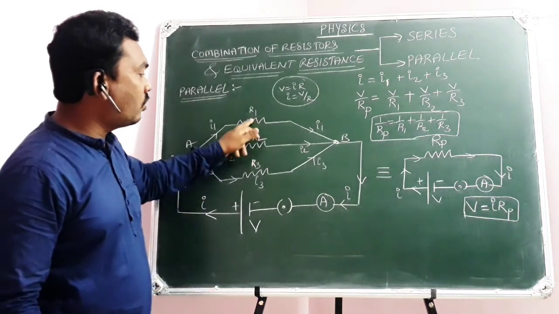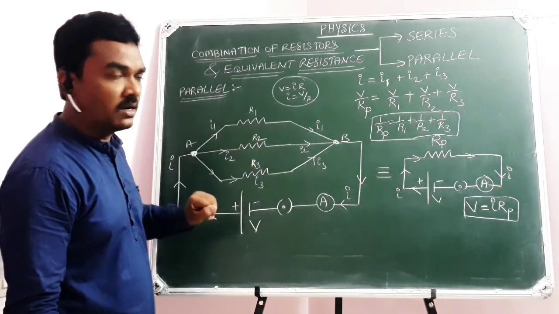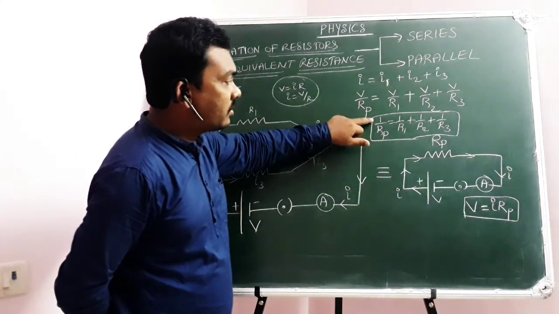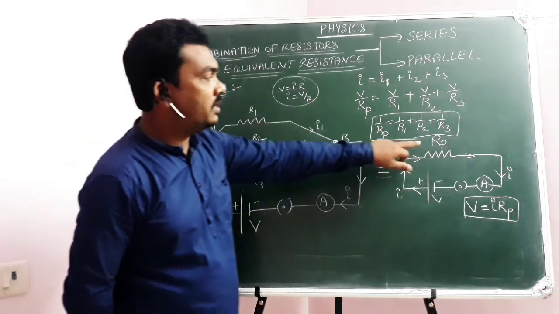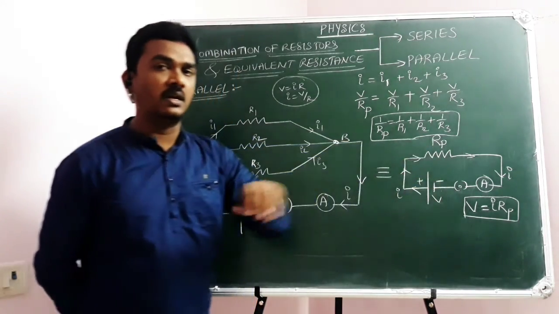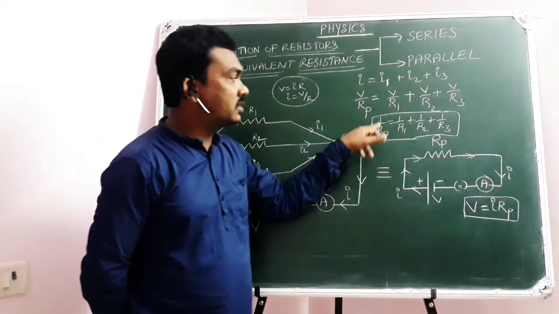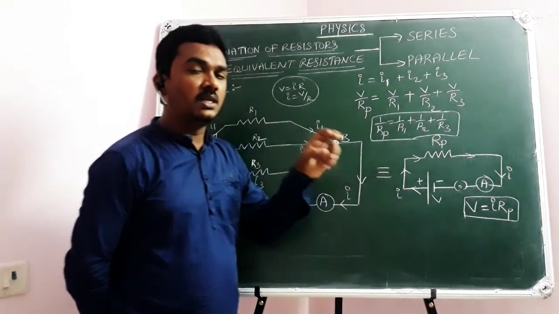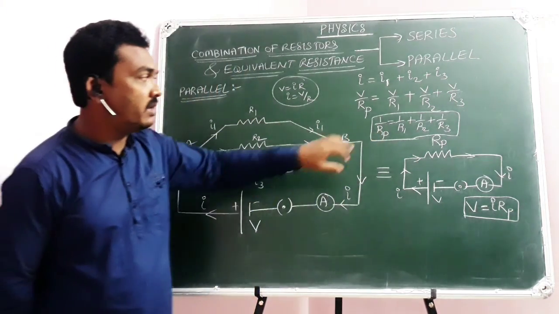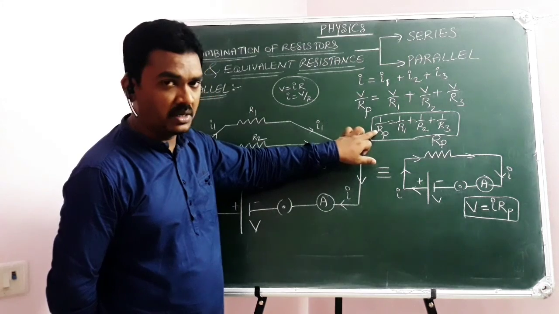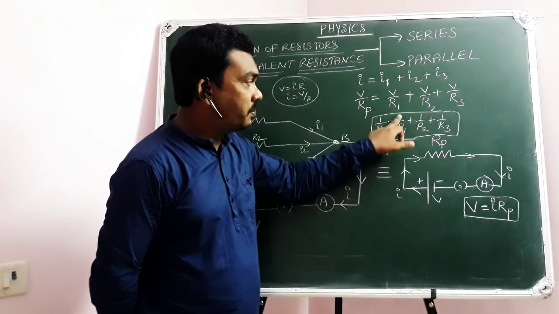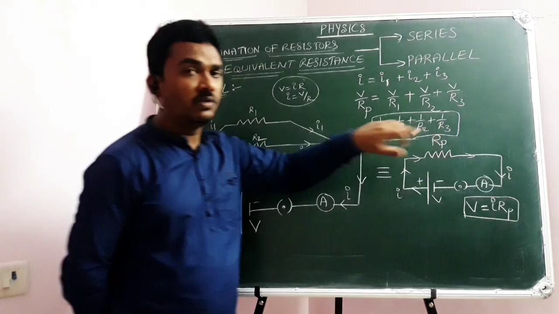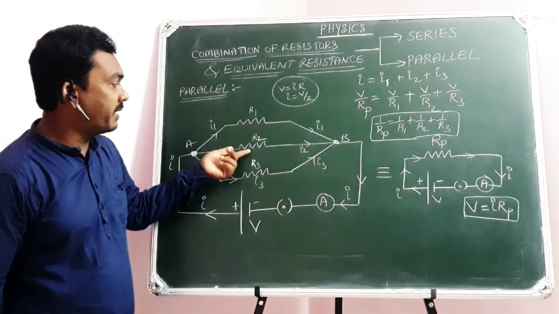It means that when two or more resistors are connected in parallel, then the reciprocal of the equivalent resistance, I repeat, RP is the equivalent resistance in parallel combination. In the equation there is 1 by RP, which means the reciprocal of the equivalent resistance in parallel combination is equal to the sum of reciprocals of the individual resistances connected in parallel.